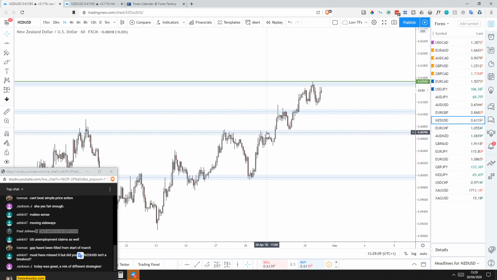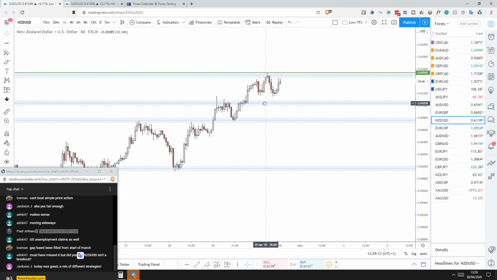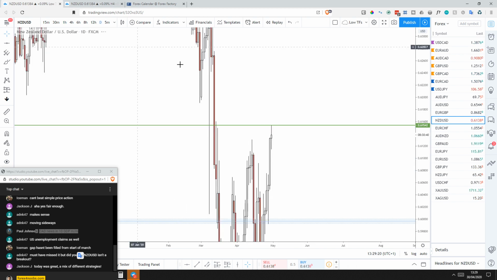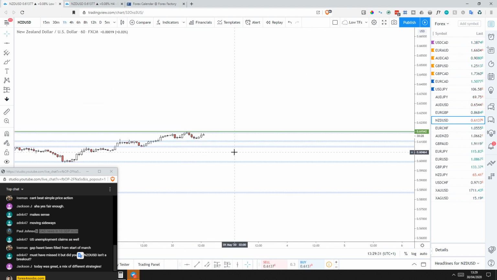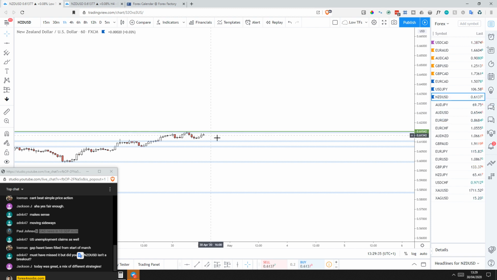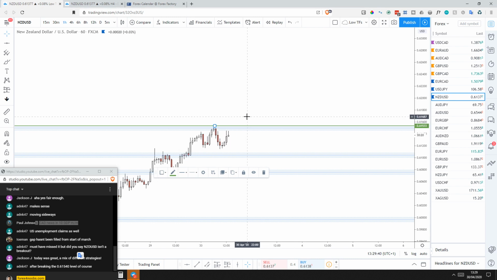And if the trend's not strong, I tend to not want to get into the trade. But if you're okay with this trend, which is overall a pretty weak trend, then yeah, you could feasibly trade a breakout here on New Zealand USD on a break of this green line, a long one.